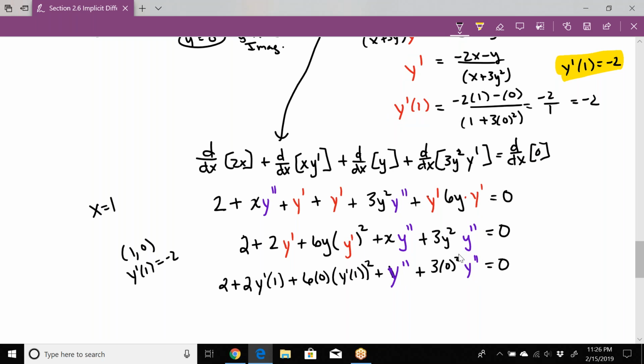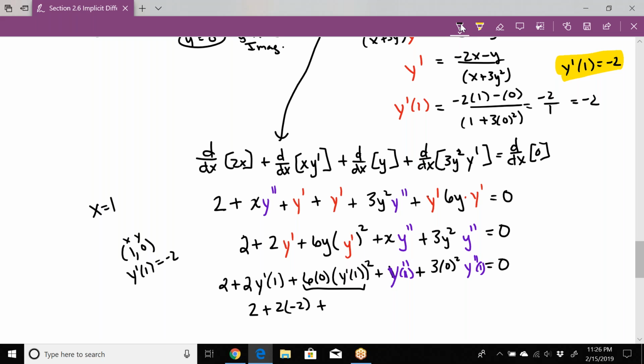So because we're worried about when x equals 1, we get to use this ordered pair anytime we encounter just a regular old x or y. We will get to plug in negative 2 anytime we've got the y prime of 1. And I'm going to go ahead and write that these are both y double prime of 1 because that's what we're solving for. Now, we can clean up some of this because there's some zeros here. This whole term is going to get zeroed out because of that 0. So this is just 2 plus 2 times y prime, which I can replace with a negative 2. This is 0.